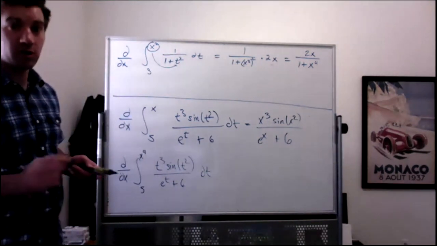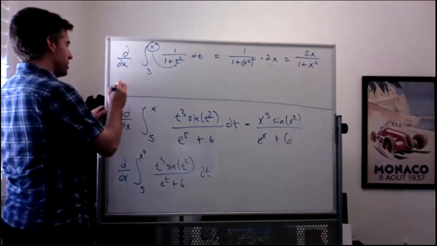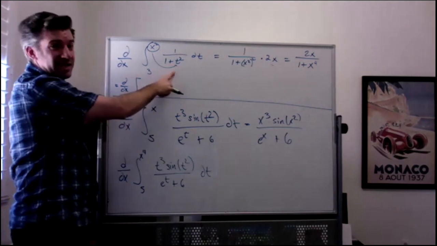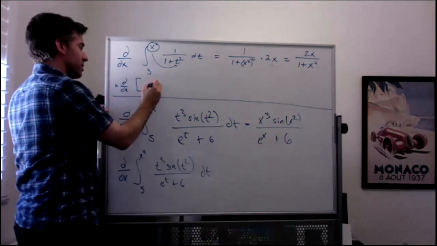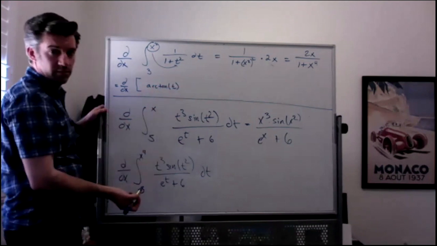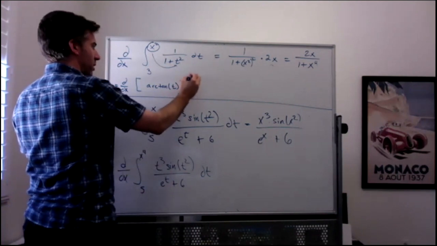I will also mention, you could do this one the long way. You could say, well, this is equal to the derivative of, what's the antiderivative of 1 over 1 plus t squared? It's the arctangent of t, evaluated between 3 and x squared.